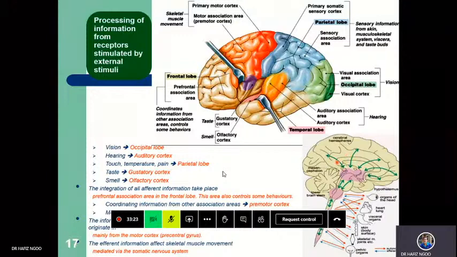So here, this slide is basically showing you the interaction between the higher brain, the hypothalamus and the limbic system. It also shows all the internal stimuli going to the hypothalamus, and also going in and out of the hypothalamus.